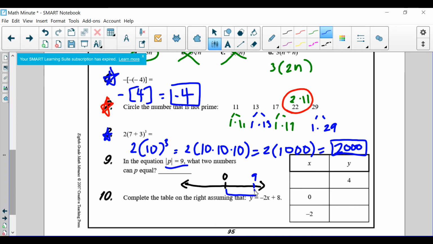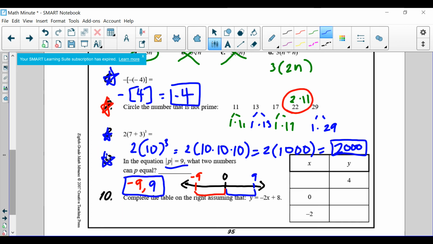It's 9. But is there another number that makes a distance of 9 from 0? And the answer is yes. -9 also has a distance of 9 to 0. So that's why our two answers in this case will be -9 and +9. All right, very nice.